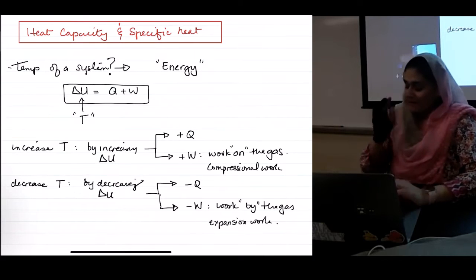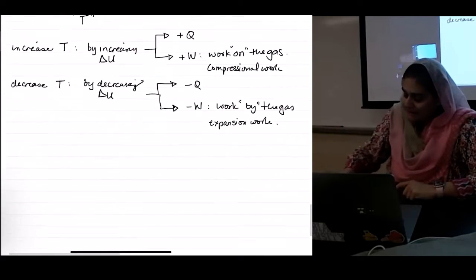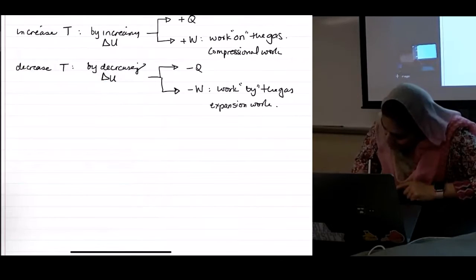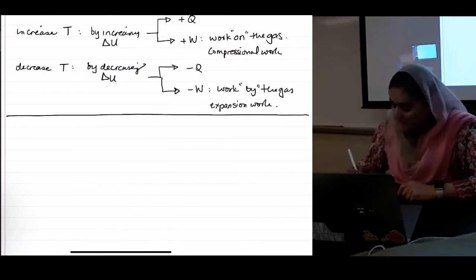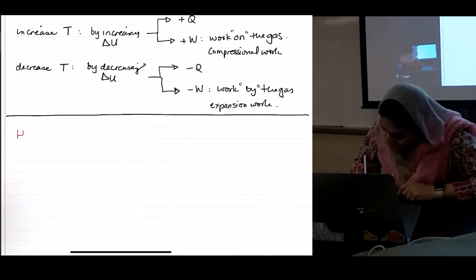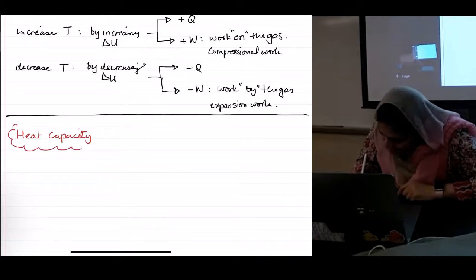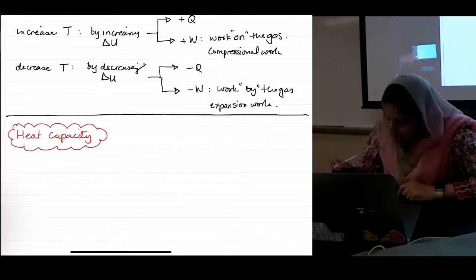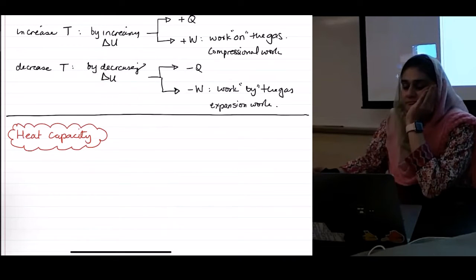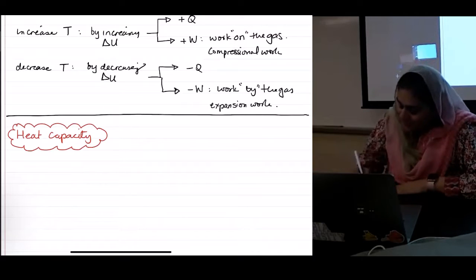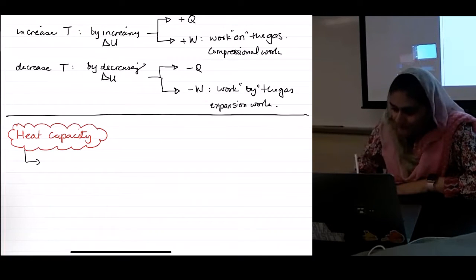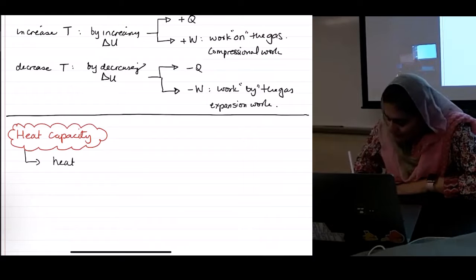So now that we have established that, I can define heat capacity. Heat capacity is the byproduct of the heat fluid theory.